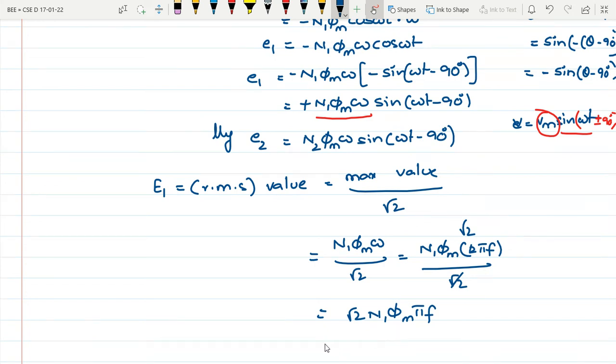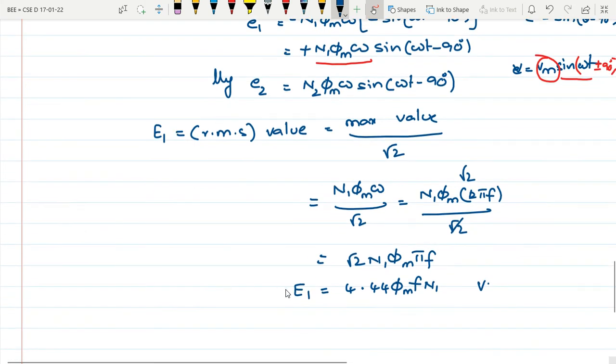So root 2 into pi, value you will get as 4.44 phi m f N1. So this is the induced EMF, units volts, 4.44 f phi m into N1.